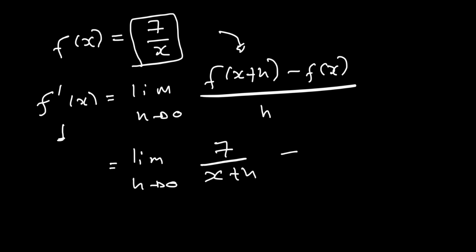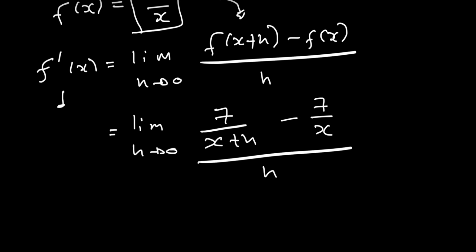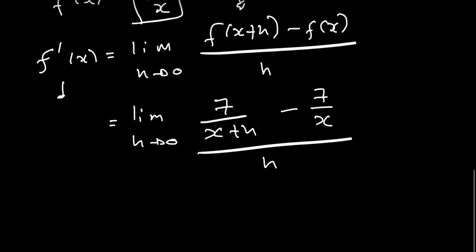And then the original function, which is f at x, was 7 over x. So we're going to substitute the original function, which is 7 over x, and all this is divided by h. We cannot substitute the limit as h approaches 0 yet, because we are going to get undefined.